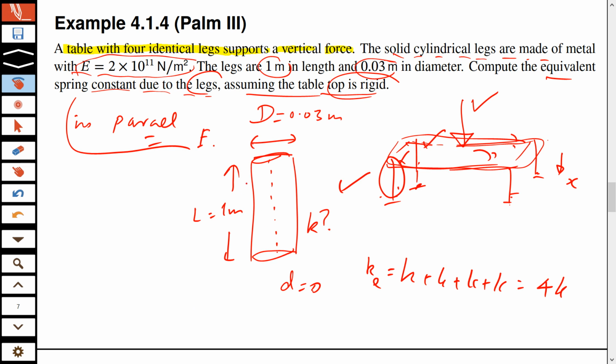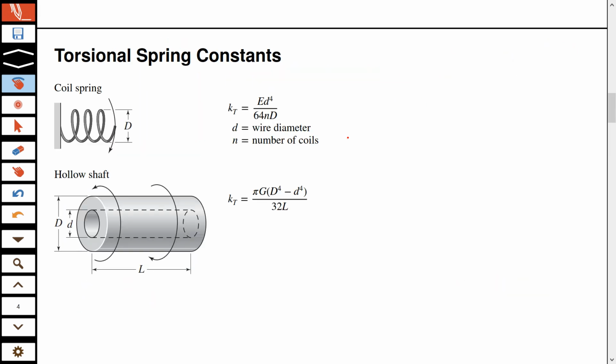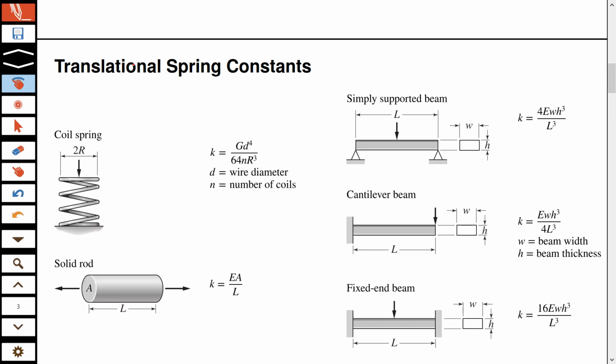For k I need to look inside that table for a solid cylindrical shape. This is torsional, so we are not looking at this. Here, for our purpose, we will look at this shape, solid rod.